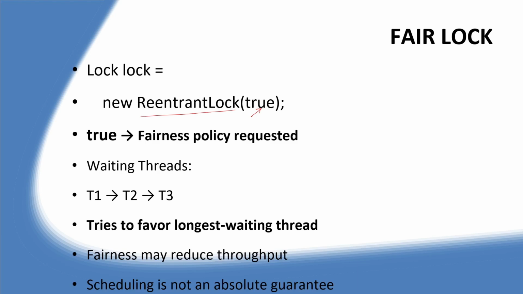And fairness does not mean we can predict the exact operating system scheduler order. Fairness should be enabled because the application actually requires the policy, not simply because fair sounds better. So it tries to favor the longest waiting thread, and fairness may reduce throughput. These are the pointers we should know for fair lock.